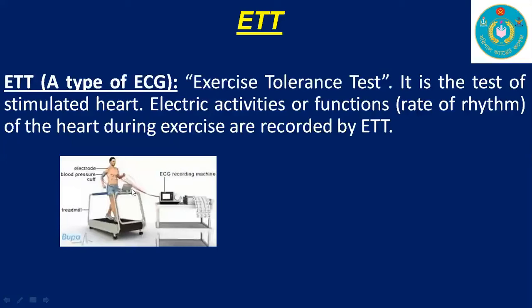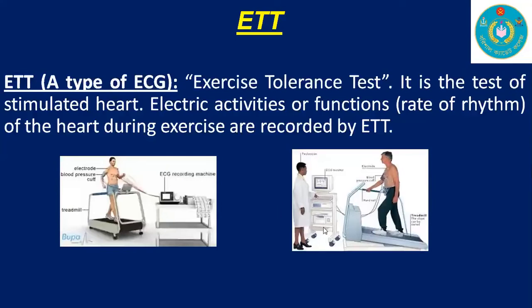This is the same procedure by which we can observe and detect the signal from the patient, from his hand, leg, and from his chest. And this is the ECG machine. After pressing the print option, we can get the electrocardiogram pulse.